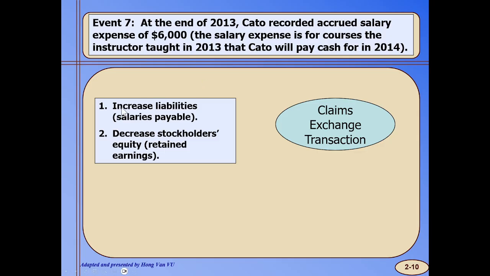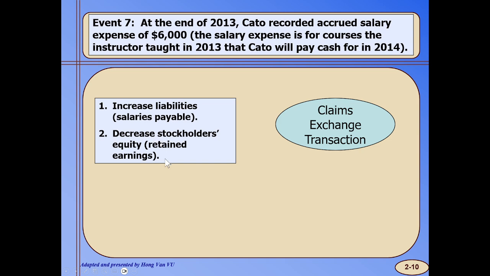This event is a claim exchange transaction. The claim of creditor liabilities increases and the claim of stockholders' equity, retained earnings, decreases. Total claims remain unchanged.